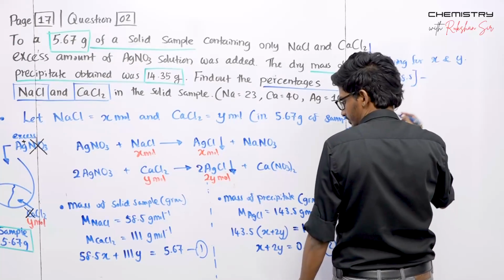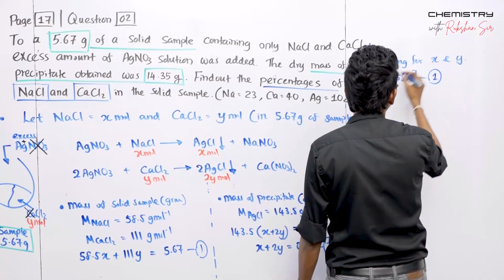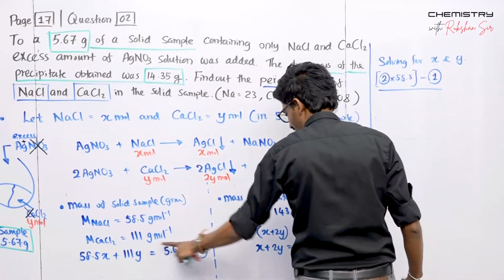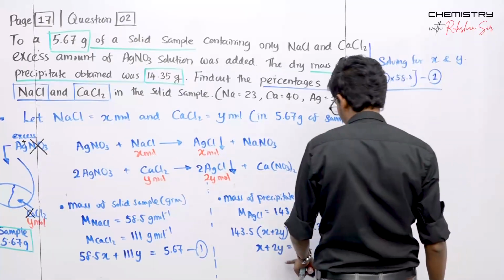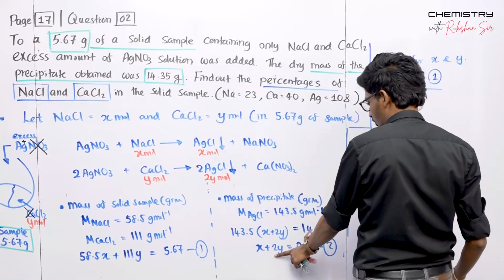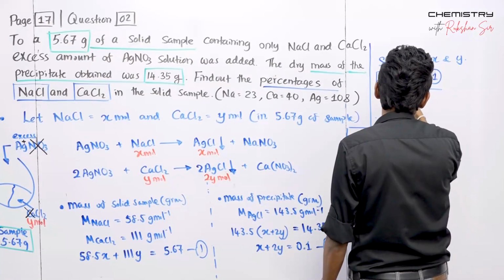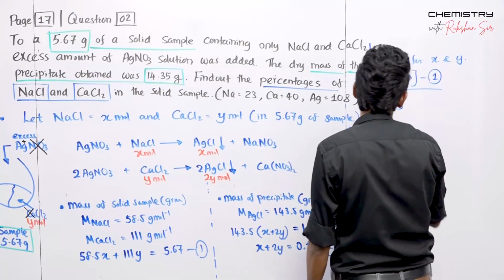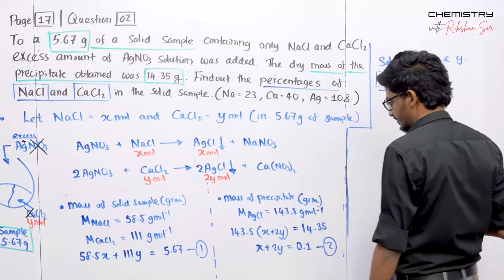So 58.5 and the 58.5 here will cancel off, and with the second equation we'll come up with 2y into 58.5, which is 117y, right?